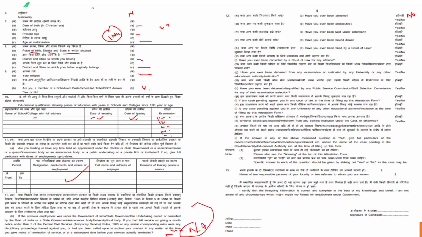Then, okay, so have you ever been fined by a court of law? See, sometimes what happens, let us take riding in the wrong lane. Sometimes a police person is catching you, but sometimes they are just fining you at the same place.